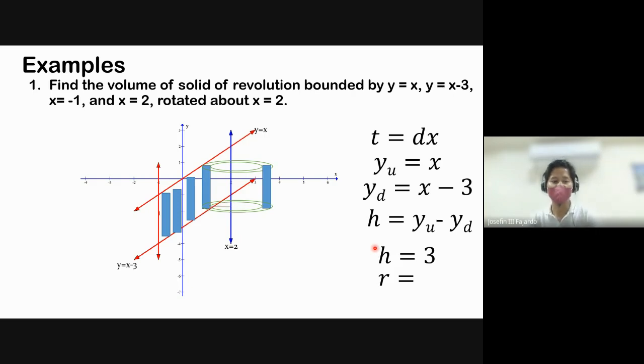Okay? So, how do you get this radius here? So, x right natin dito ay 2. Di ba? And the x left is x. So, ang r natin will just be 2 minus x. Can you follow? Linaw po ba?